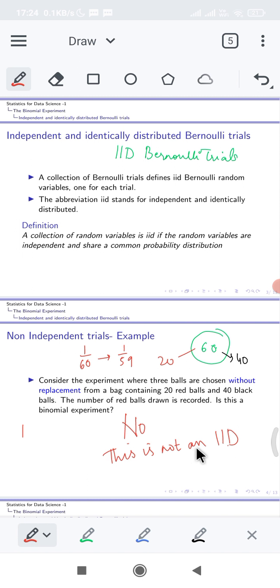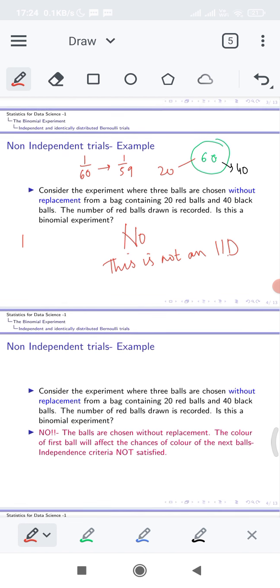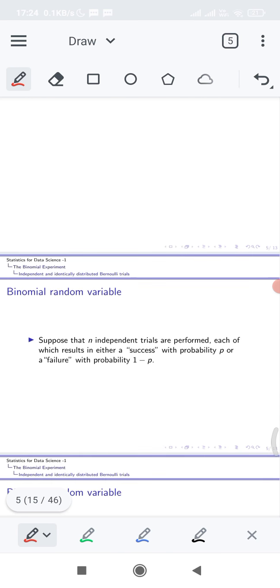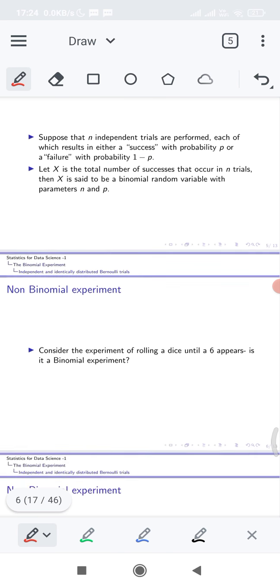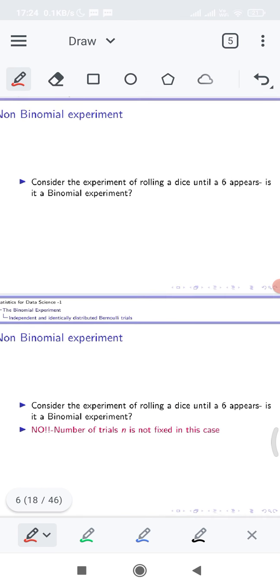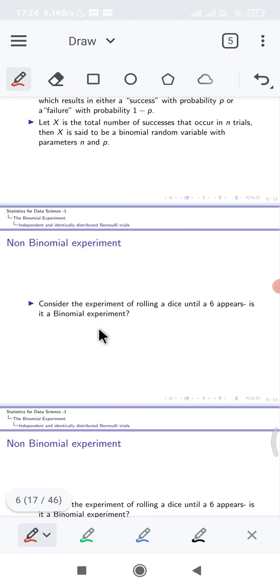On the other hand, there is another case. Suppose you consider an experiment of rolling a dice until 6 appears.